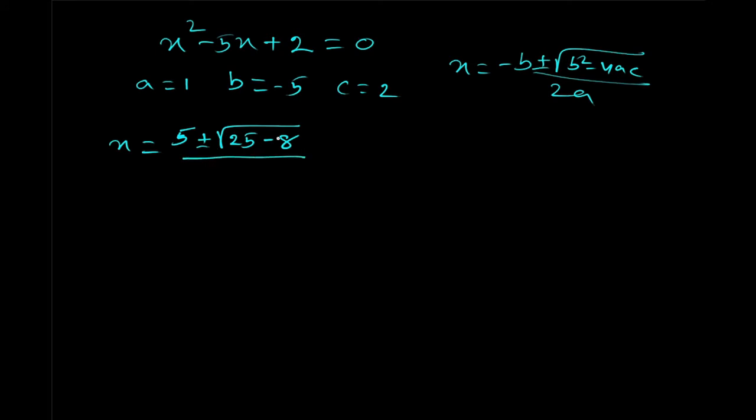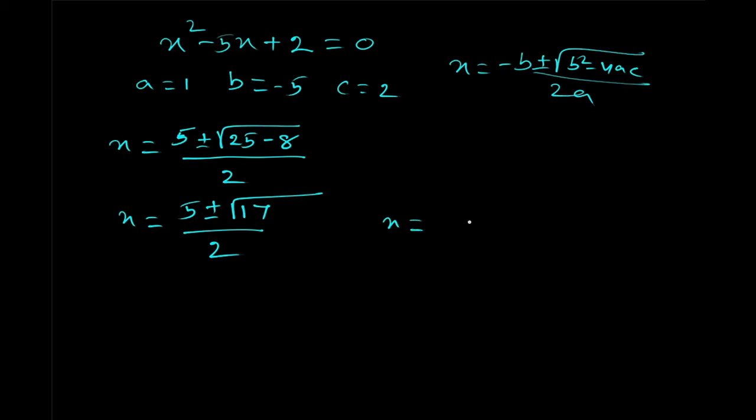Divided by 2a, 2a is 2, so you get x is equal to 5 plus minus root over 17, divided by 2. Now you can see that the root of this is not an integer, so you will not get an integer solution.